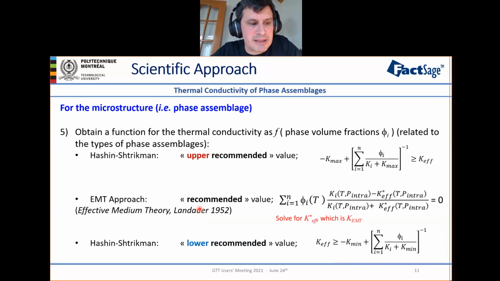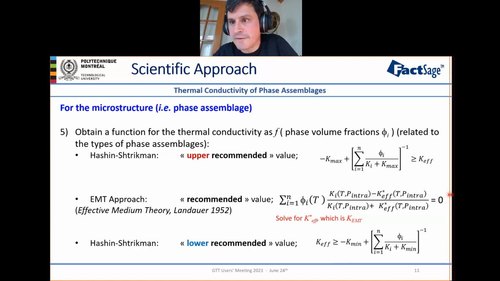And here we recommend the EMT approach, the effective medium theory of Landauer, 1952, where we basically have to compute from this equation here. We're solving this equation with the thermal conductivity of every phase i and their volume fraction, and there is only one value of the effective thermal conductivity of the phase assemblage, which will give a zero value for this function.